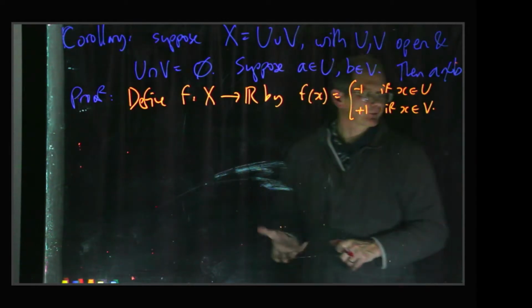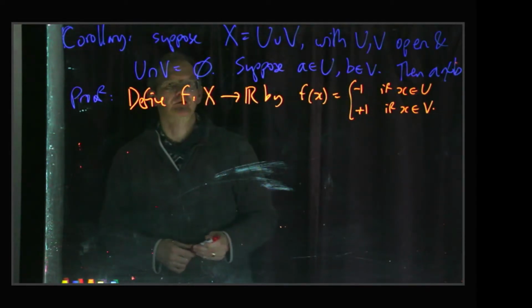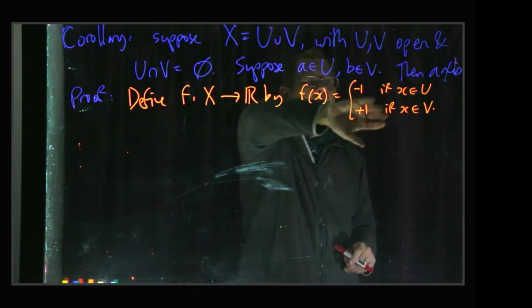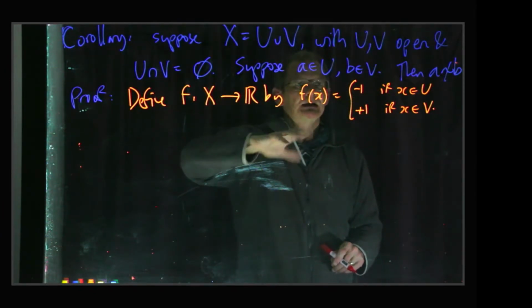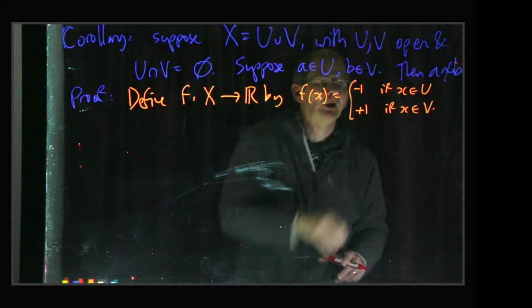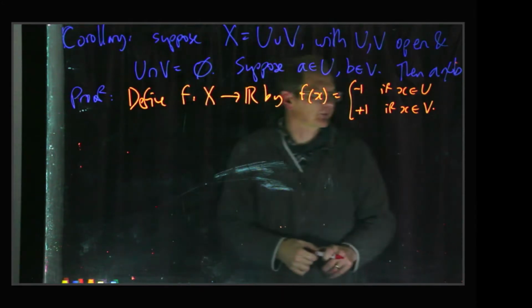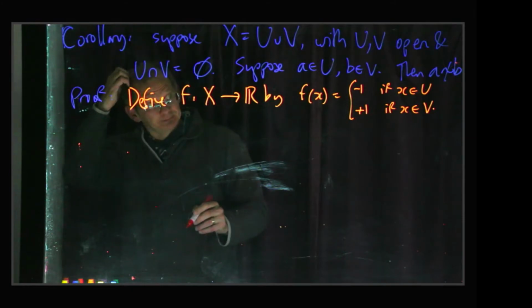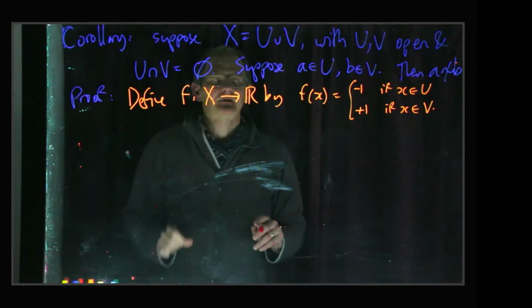It's going to be -1 for points in U and +1 for points in V. And so there can't be any collision between these two clauses because U intersect V is empty, and U union V is all of X. So always one or the other clause applies. So this gives us a well-defined map from X to the reals. So I want to claim it's continuous.